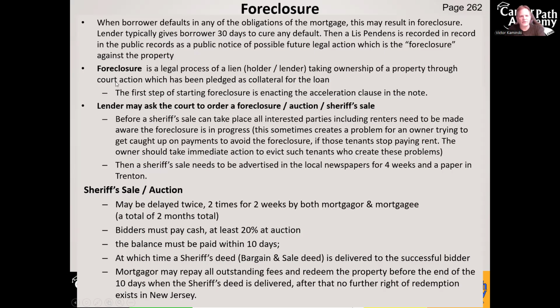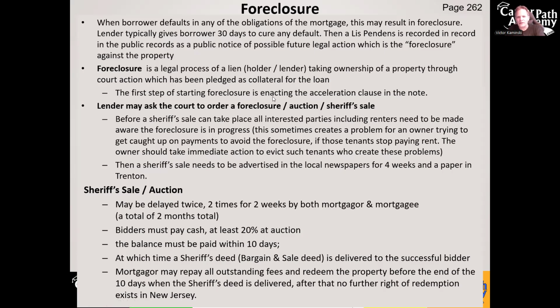Foreclosure is the legal process of a lien holder, the lender, taking ownership of a property which has been pledged as collateral for the loan through court action. I got to reword that a little bit nicer.